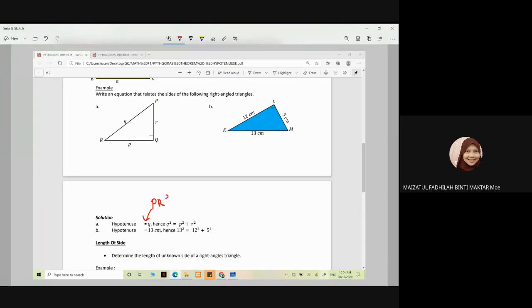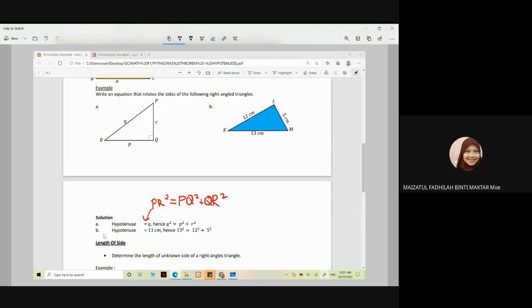So PR square equals PQ square plus QR square. Both can. That depends on what hypotenuse you want to use, either the Q side, or you just use the labels on the vertices.